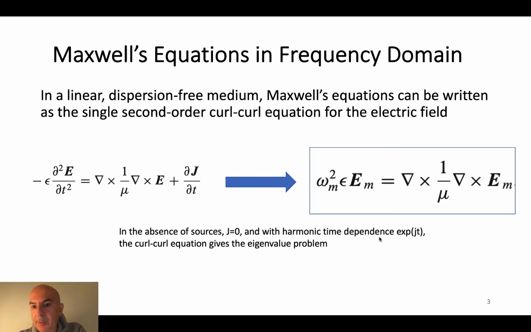And with harmonic dependence of exponential j omega t, where j is the imaginary unit, the curl equation gives the following eigenvalue problem in the spectral space. You see we have our operator, that is the curl operator, and then this omega is called the eigenvalue of the problem. So the solutions E_m are the so-called eigenmodes.